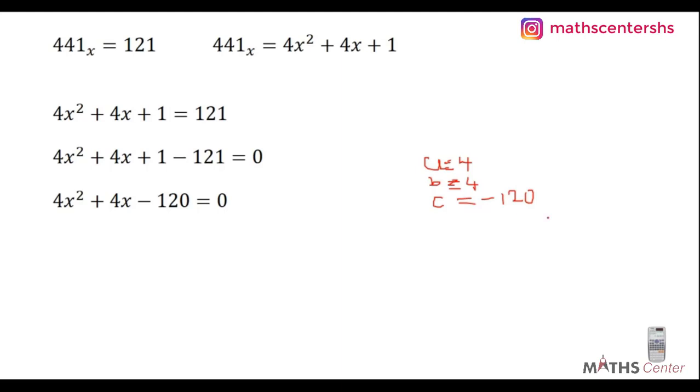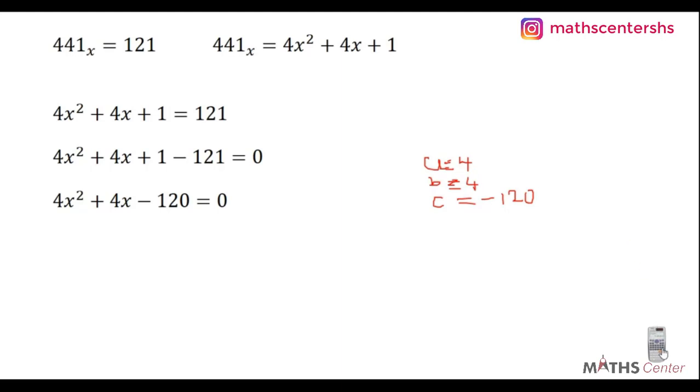So I said that to find the two numbers that you use in expanding this trinomial, after you've identified all this, you multiply your A by your C. In this case, A is 4, C is negative 120.